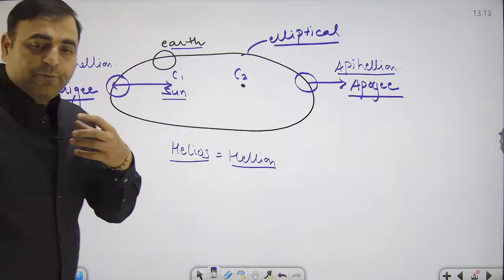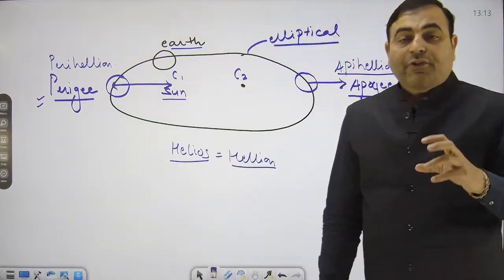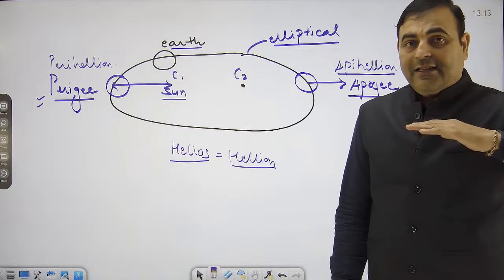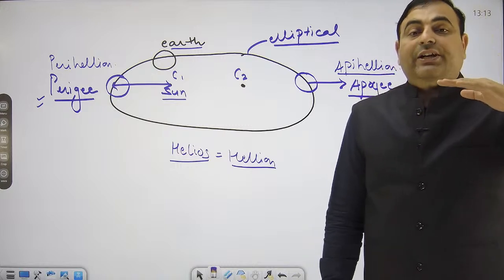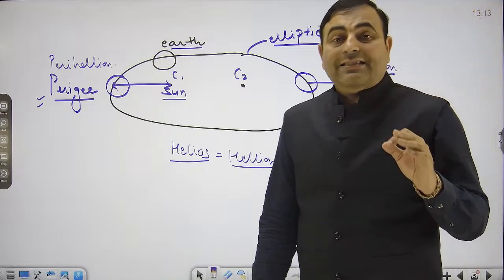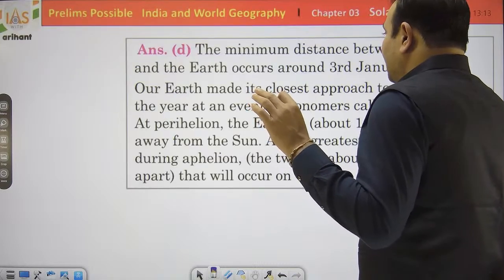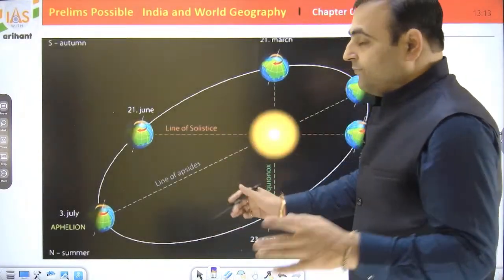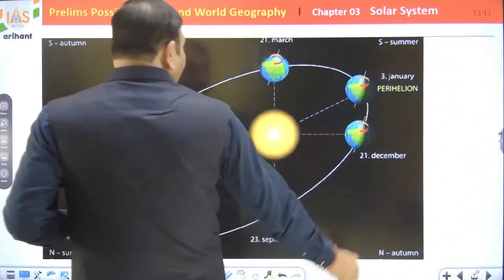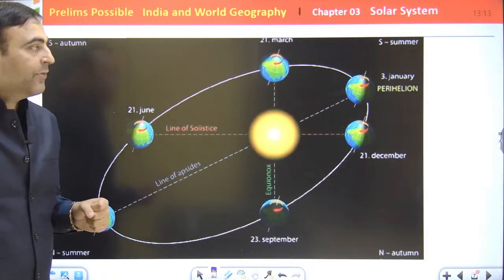There is one more position in it. There is a position where the sun rays are equally distributed in the southern hemisphere and the northern hemisphere. This condition is known as equinox. For better understanding, let us see this diagram. This is an elliptical orbit which is bent at an axis of 23.5 degrees.